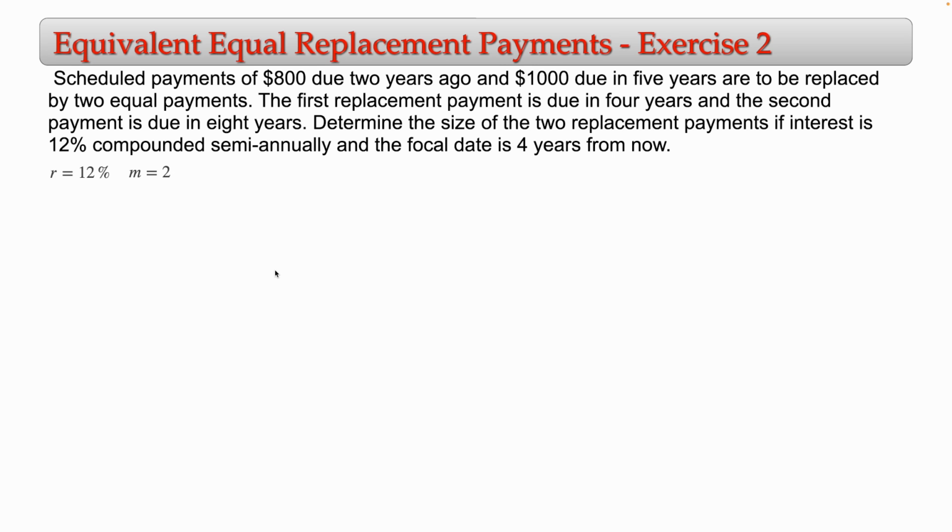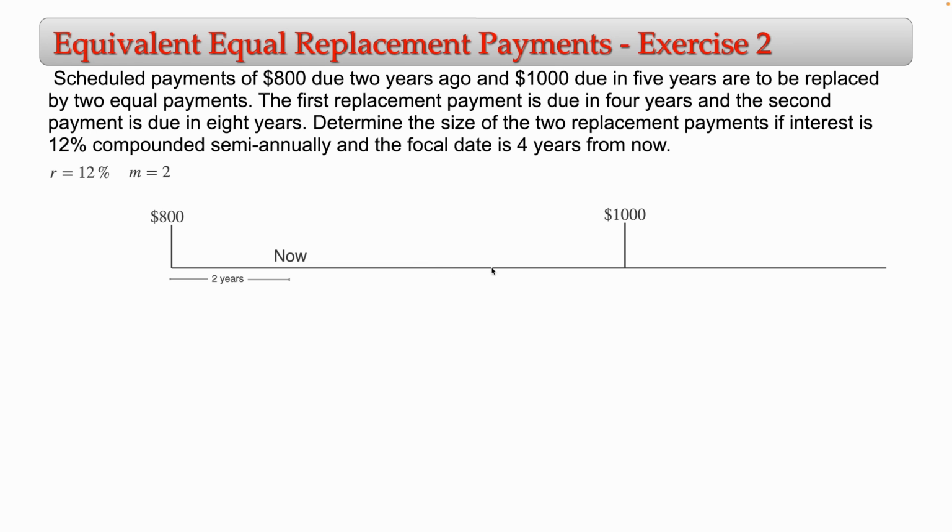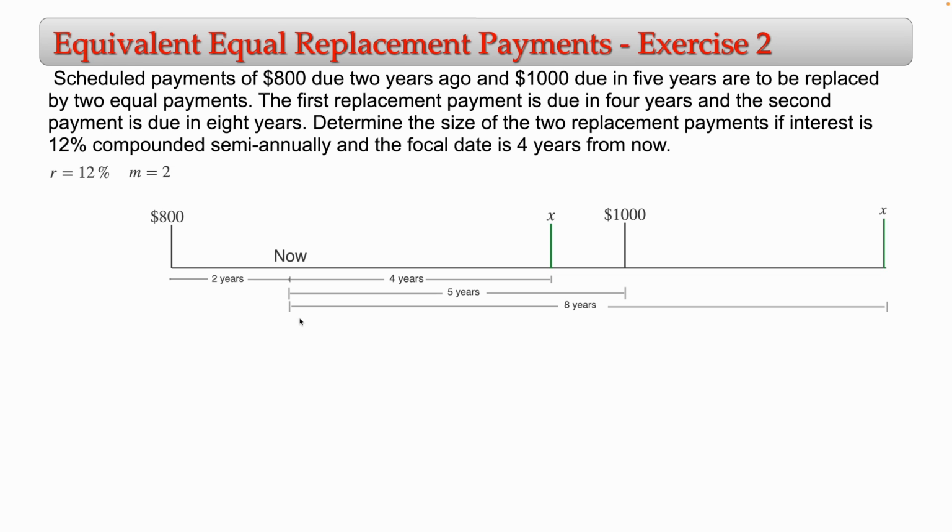So if we think in the time at that moment, we know that 2 years ago there is a payment of 800 that in 5 years will be a payment of 1,000, and these two payments are scheduled and need to be replaced by two equal payments, one that happens 4 years from now and the other that is going to happen 8 years from now, the other x.